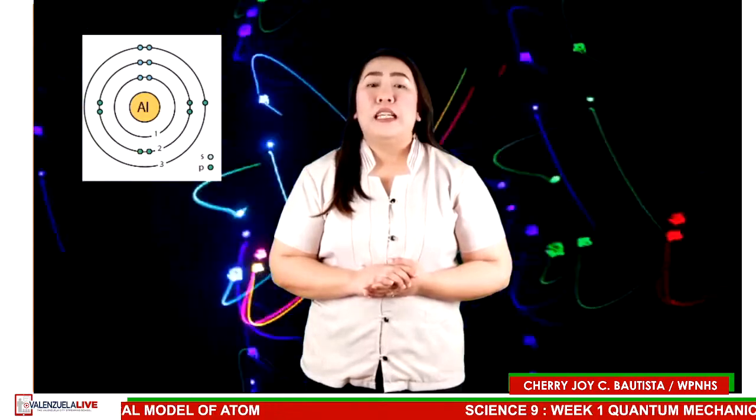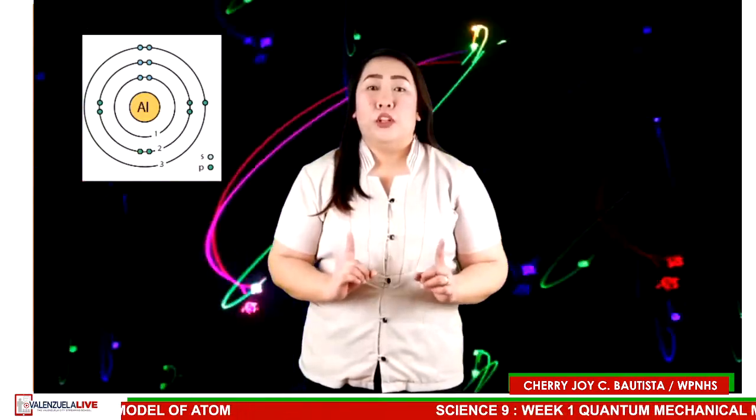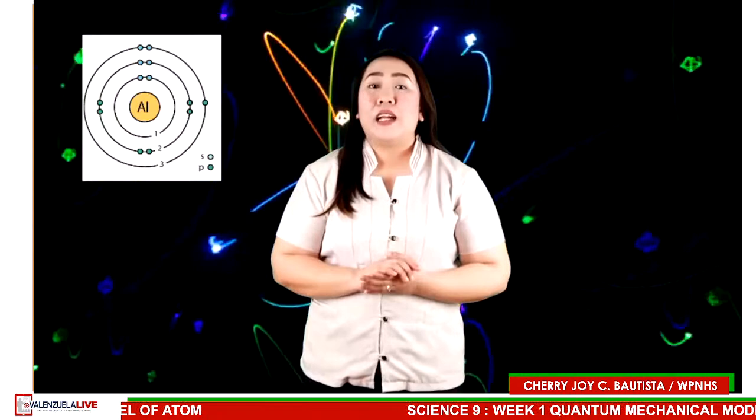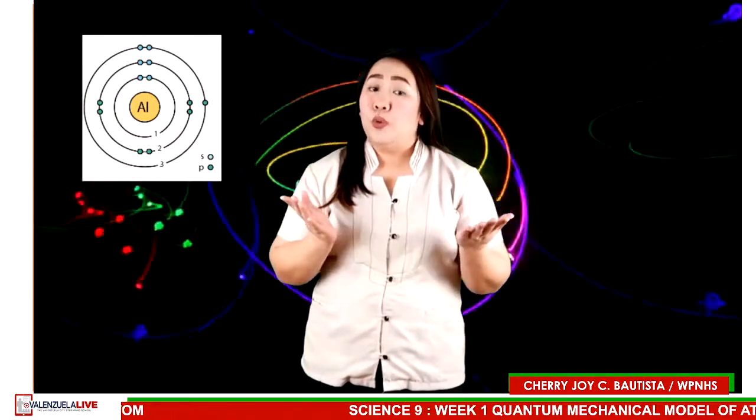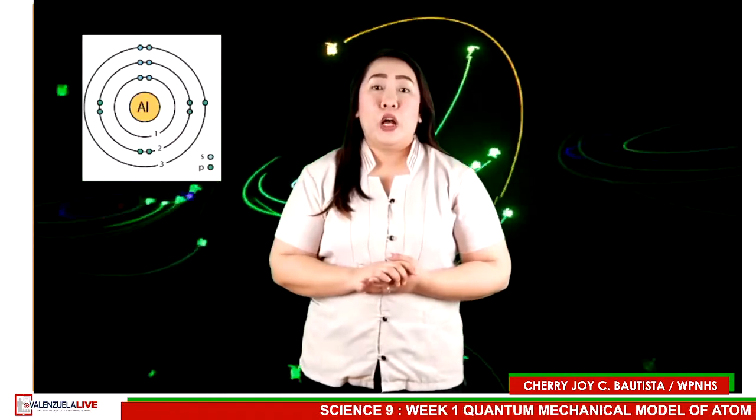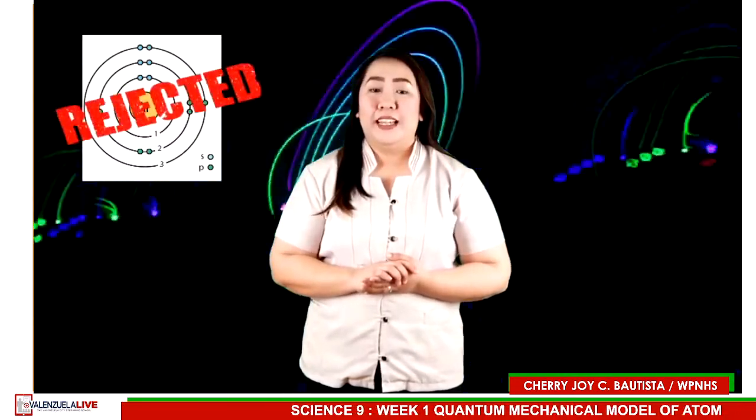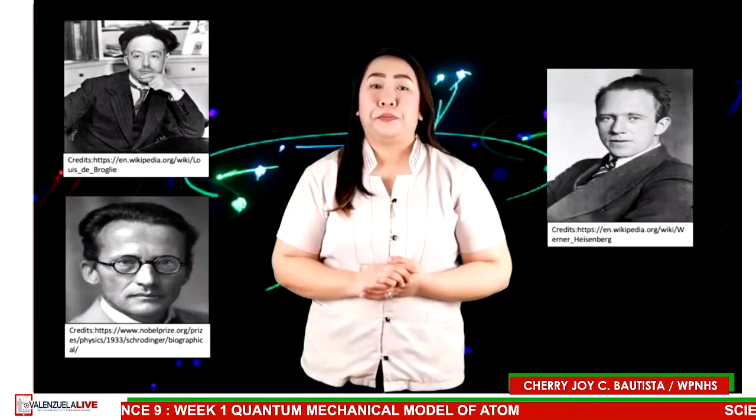Much later, scientists discovered that it is impossible to determine the exact location of electrons in an atom. So, Bohr's idea was rejected. Three physicists led to the development of a better model of an atom. These are Louis de Broglie, Erwin Schrödinger, and Werner Heisenberg.